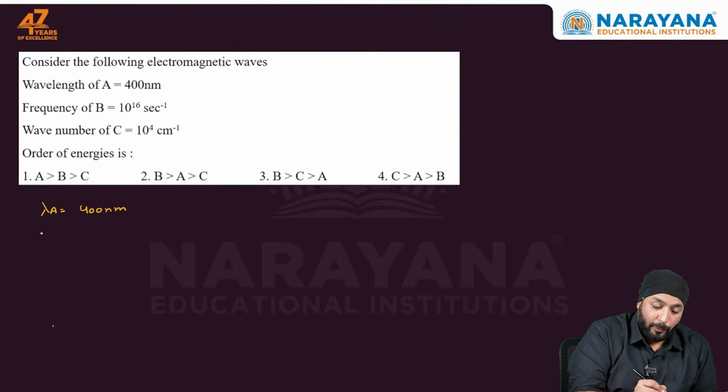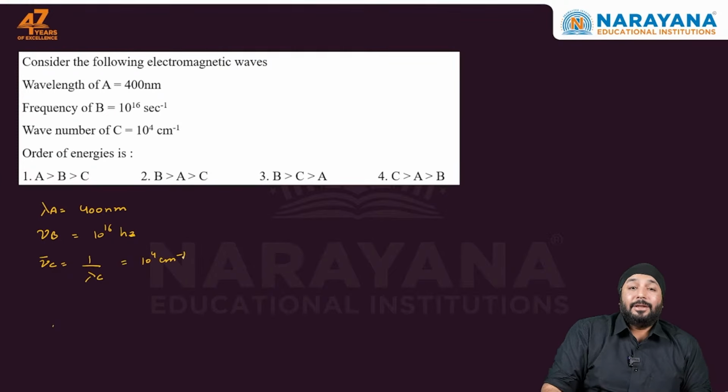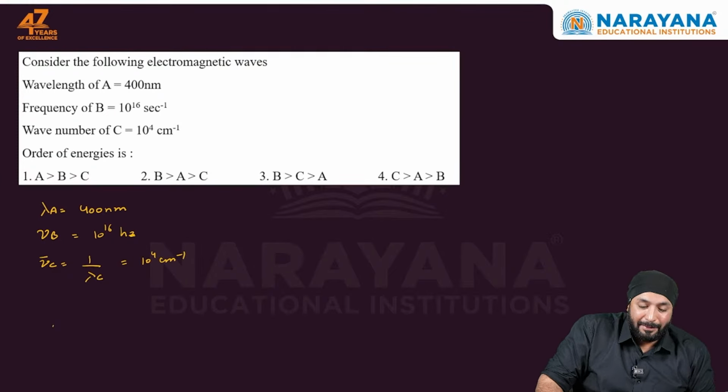They have given frequency of wave B is equal to 10 raised to power 16 per second, which is hertz, and they have given wave number, which is 1 by lambda, of C is equal to 10 raised to power 4 centimeter inverse. This question is actually very simple, but it takes time for a student to analyze everything properly, right.